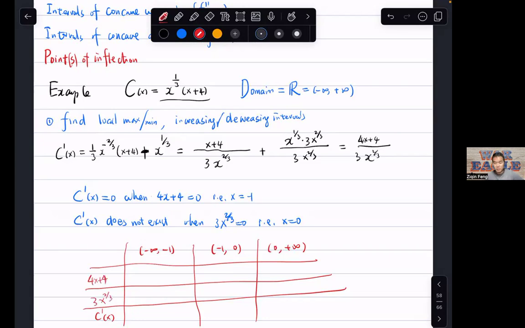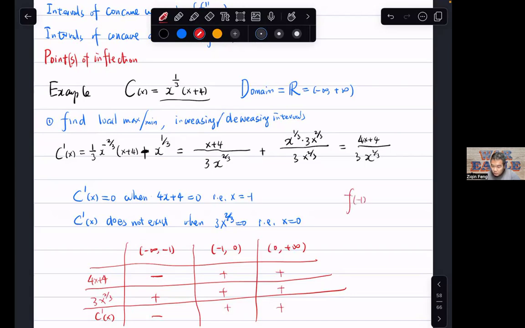So which means everything will be positive. So from -infinity to -1, this is negative, right? This is positive, so this is negative. And this is positive, positive, positive. So positive, positive, positive, right?